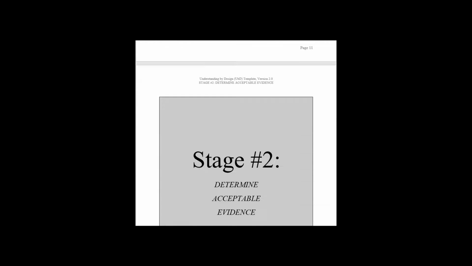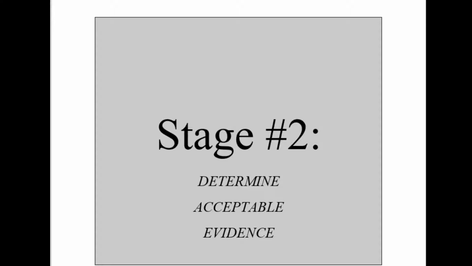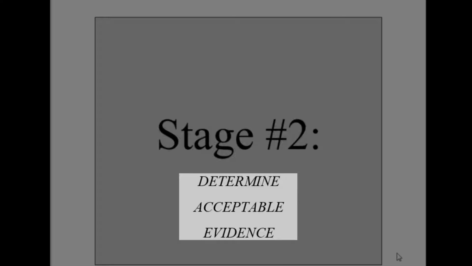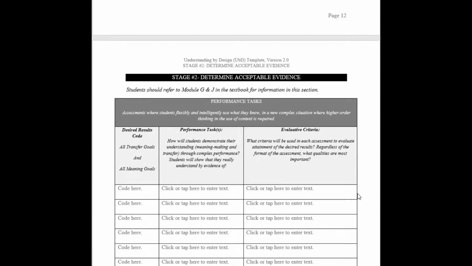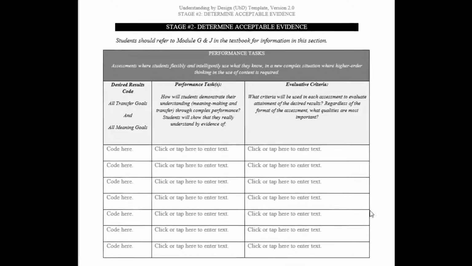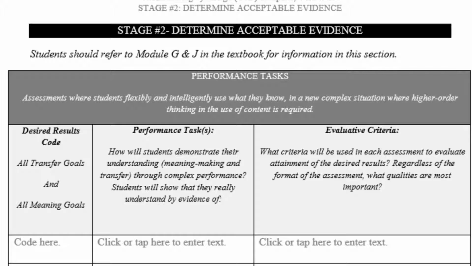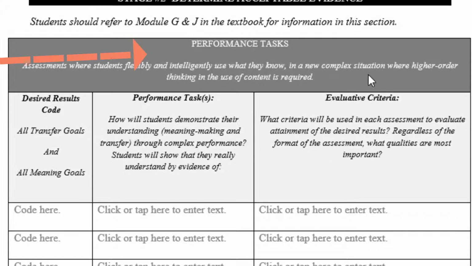Right now though, we are going to move on to Stage 2, where we take those goals of the course, and now what we're going to do is to determine the acceptable evidence for if those goals have been obtained. So the very first thing that we are going to do is to determine what the acceptable evidence is for the performance tasks.